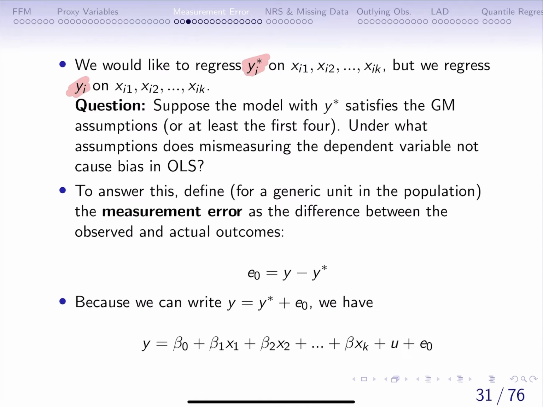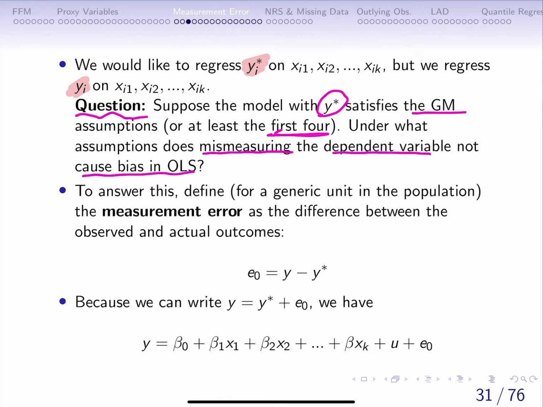So the question for us is, suppose that the model with y star actually satisfies all the Gauss-Markov assumptions, at least the first four. We want to understand under what assumptions does mismeasurement of this dependent variable not cause bias in OLS.